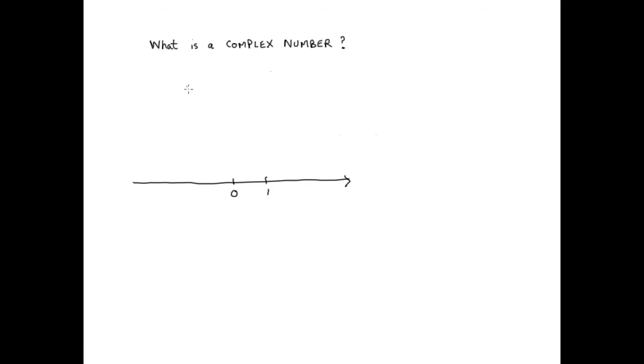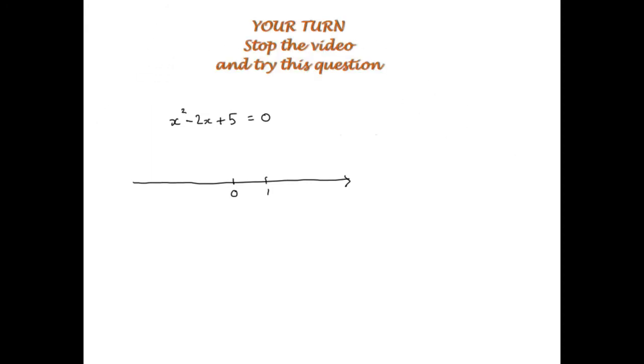The equation I want you to try and solve is x squared minus 2x plus 5 equals 0. So why don't you stop the tape and try this question. Just try to solve that equation.